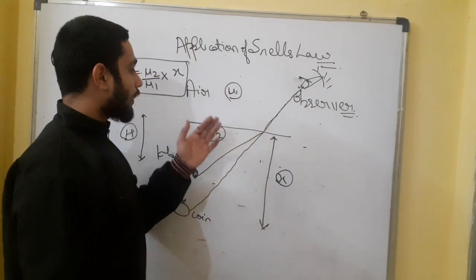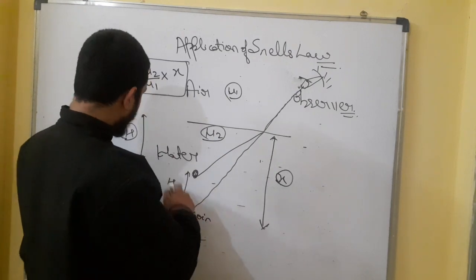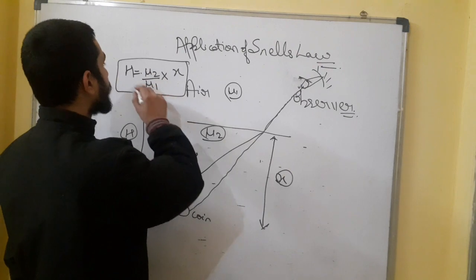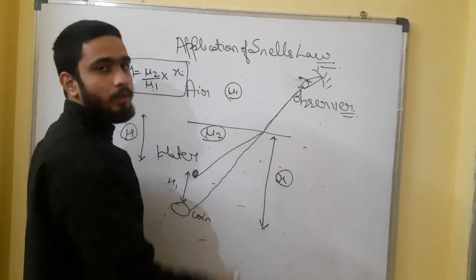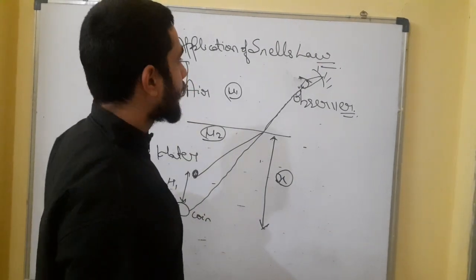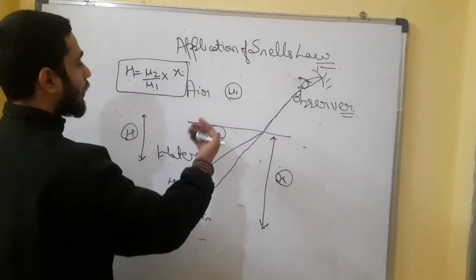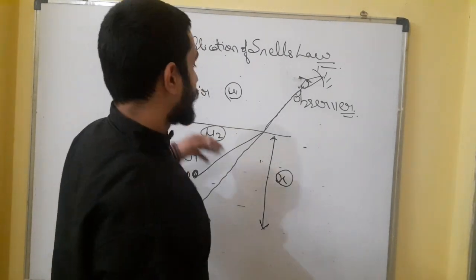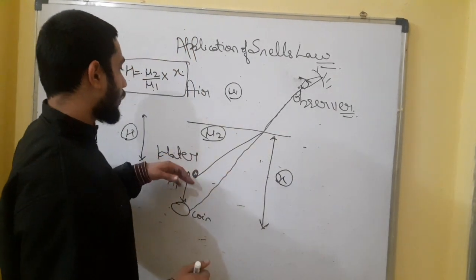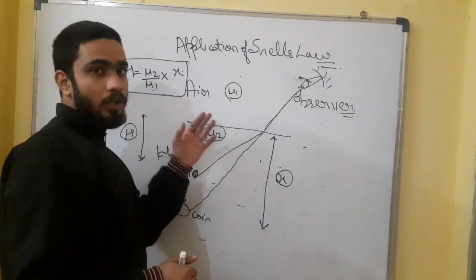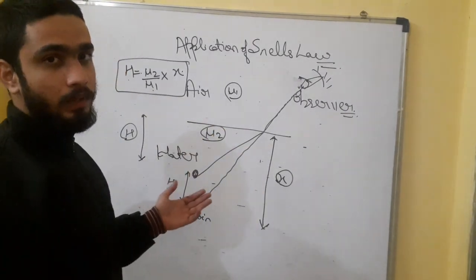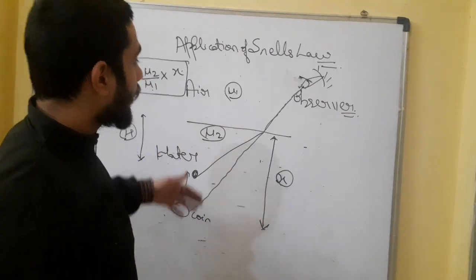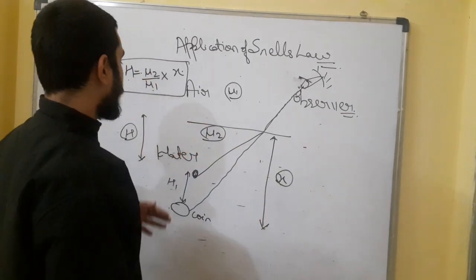If mu1 and mu2 are the same, then x and h will be the same, because mu1 and mu2 will cancel. If it is air and air, and somehow we maintain the refractive index of the water as mu2, the same as that of the upper medium, then we will see at the same distance. But if it is different, then we will see at another distance.